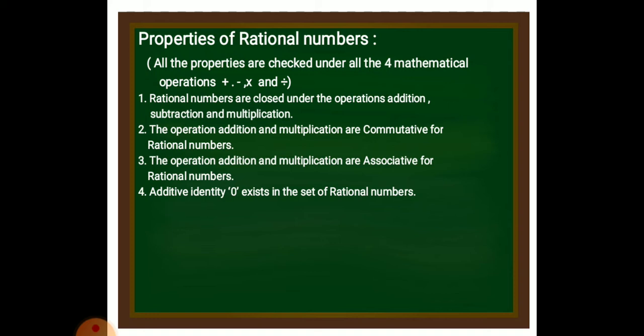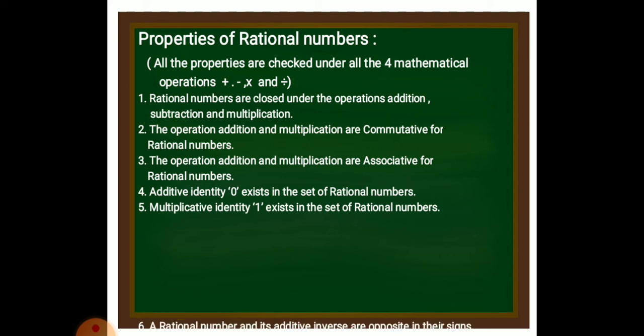From our lower classes, we have seen that 0 is the identity element, and this 0 exists in the set of rational numbers. And next is multiplicative identity. We know that 1 is the multiplicative identity element and this exists in the set of rational numbers.